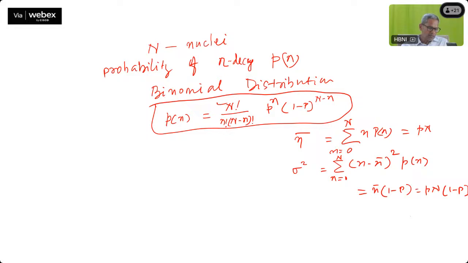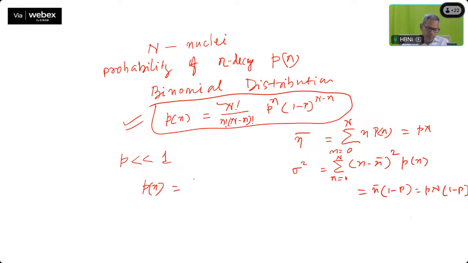But in some cases, suppose your number is increasing too high, then calculating this probability would be a little cumbersome. And also when your probability is very small, very much less than 1, then you can do certain approximations to this distribution, and then you can write the probability formula, what is known as the Poisson distribution.